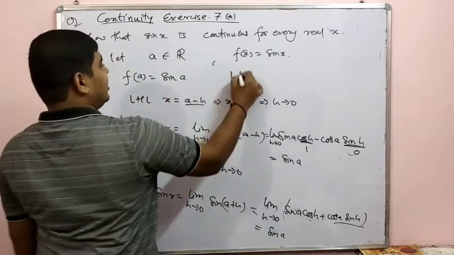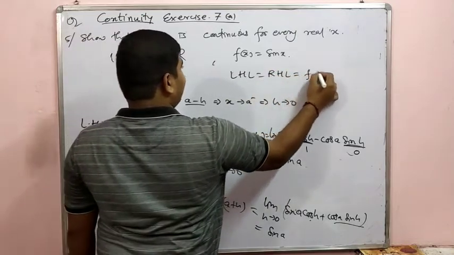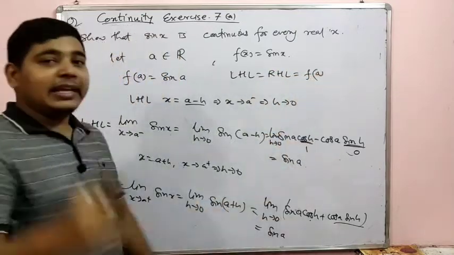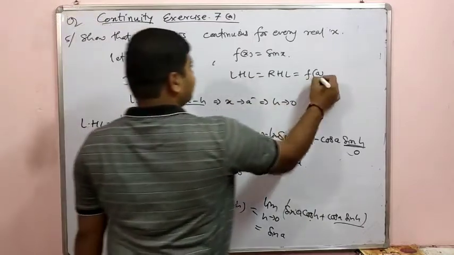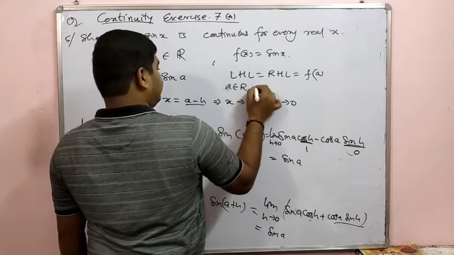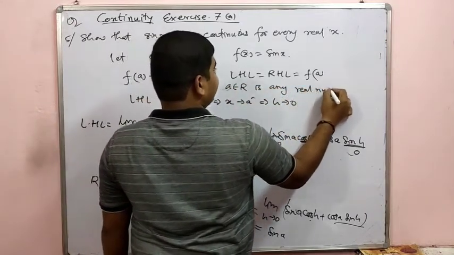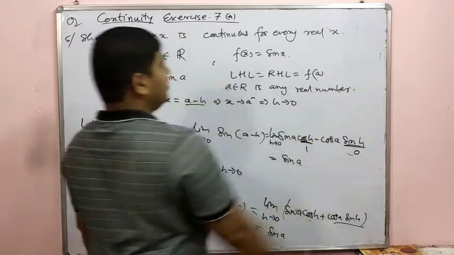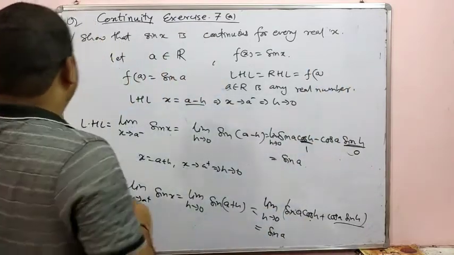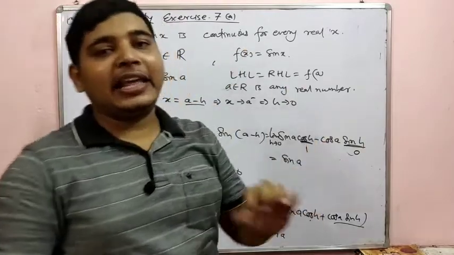Since left hand limit is equal to right hand limit is equal to f of a, and a is an arbitrary point and also a element of R is any real number, hence we say that the function sin x is continuous for every real x.